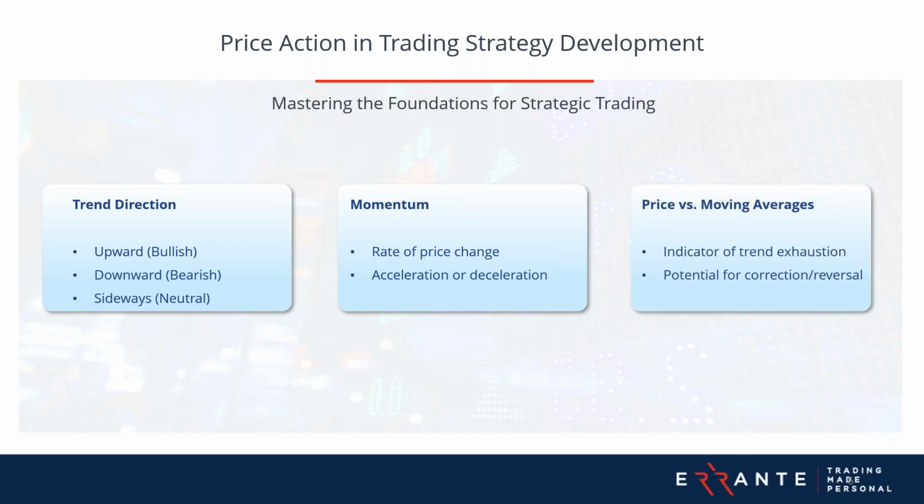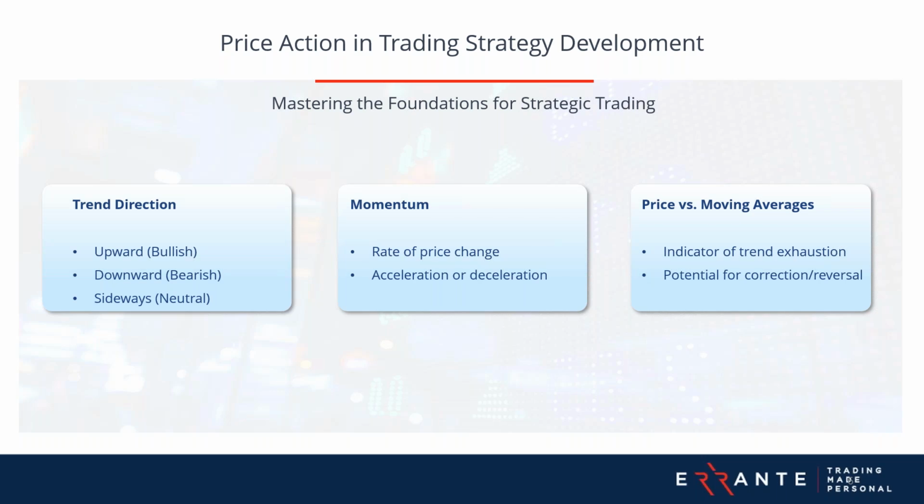And then price relative to moving averages. We discussed this, that moving averages are very simple and, of course, very effective tools in trading Forex. A critical aspect of price action is observing how the price behaves in relation to moving averages.